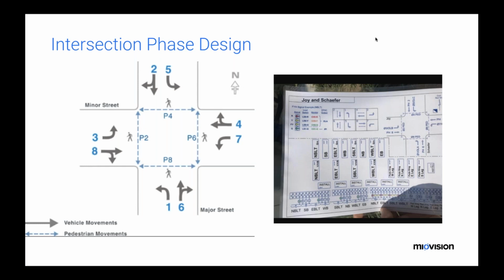On the right here, you can see a timing plan, part of the documentation that's been provided to us to help configure the intersection. So we do need to know how the intersection operates in order to map the detection properly. So you can see on the documentation we have here, this timing plan is a pretty nice detailed one.